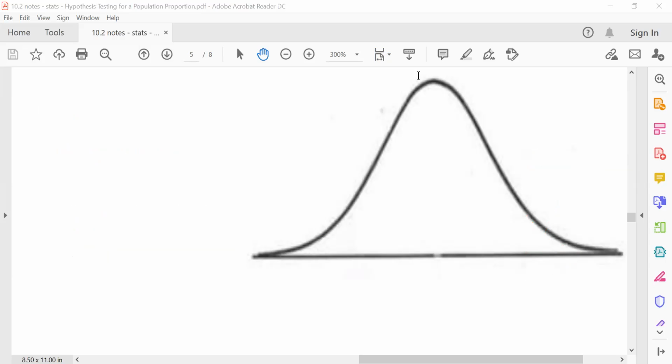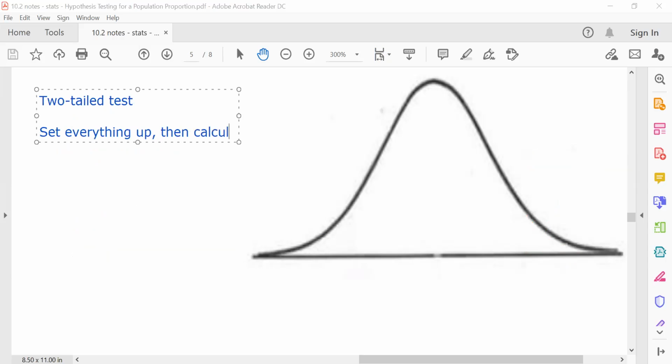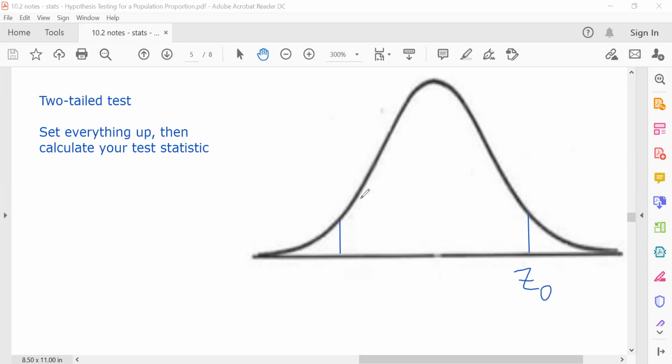Finally, for a two-tailed test, set everything up, then calculate your test statistic. But now there's a twist. Whatever your test statistic is, it's going to have a cousin that's the negative of it, or vice versa.